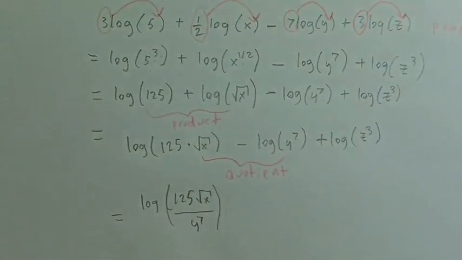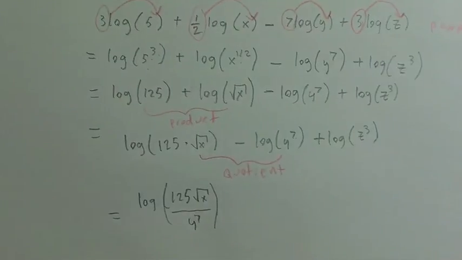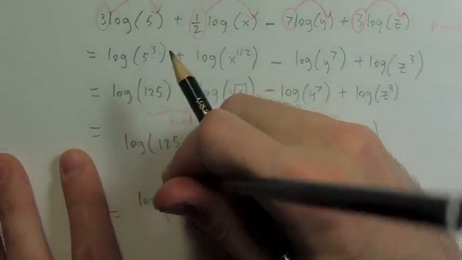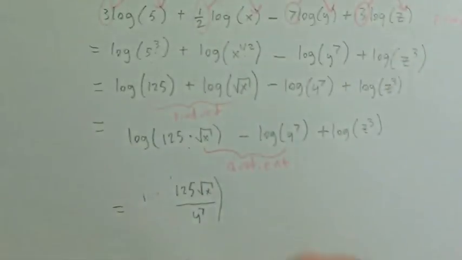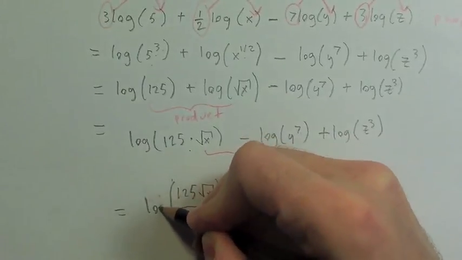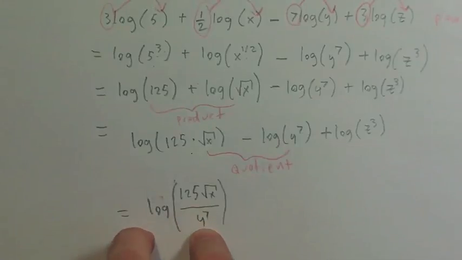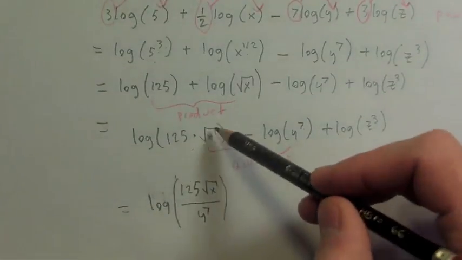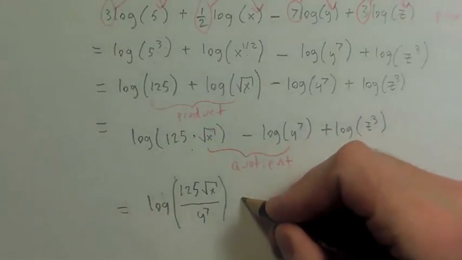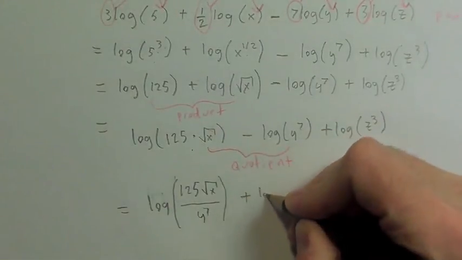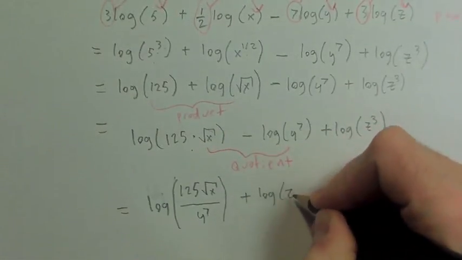So I didn't prepare for that as well as I should have. Let me rewrite this a little bit. Okay, so it's log of the top, which is 125 times the square root of x, over y to the 7th. Top, bottom. And I still have this plus log of z cubed.